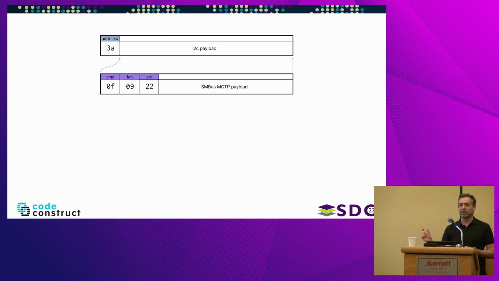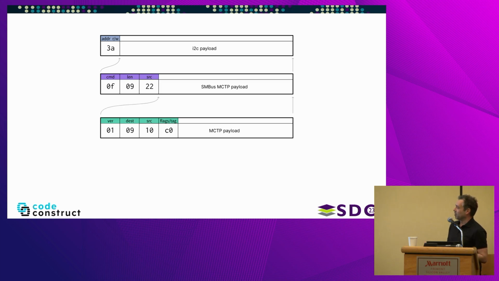So we have a very small header on that, and then inside that, we sit a common MCTP payload. So working up the stack here, we have a message format at the bottom that sits on a transport-specific message format, which sits on top of I2C. So this is our method of getting essentially a transport-independent way of sending messages around a management bus, in our case between NVMe and a management processor.